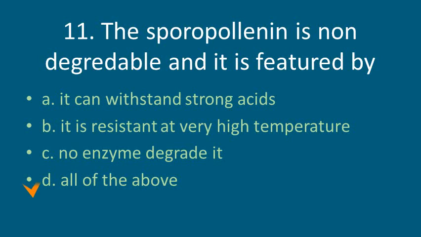So here the answer will be option D, all of the above, because all of these three are correct features of sporopollenin. The sporopollenin present in the exine region is the most resistant biological material known so far. It is only absent in the germ pore region of the exine, through which the pollen tube will come out.